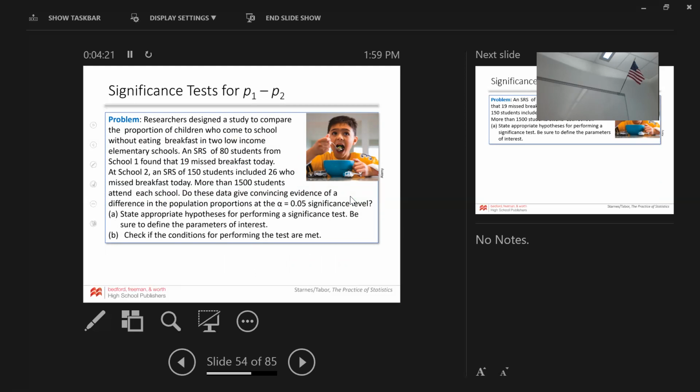You need to build a two-way table, because trying to get that information from the paragraph is confusing. So take a moment and read the question.